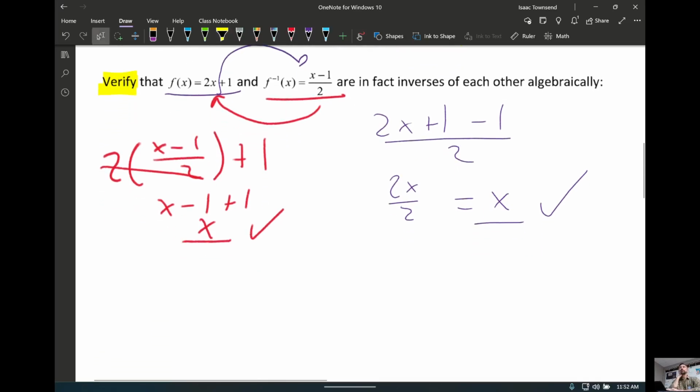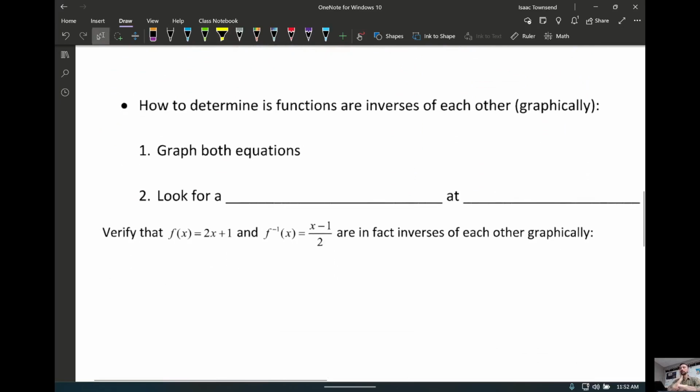Now, depending on how you're using it, verifying that they're inverses graphically can sometimes be good enough. It's not foolproof, which is why we can't rely on this method, but it's usually good enough 99% of the time. So this would be great for something like the ACT. If the ACT asked which one of these functions is inverse to this function, you could graph both of them, especially in your calculator.